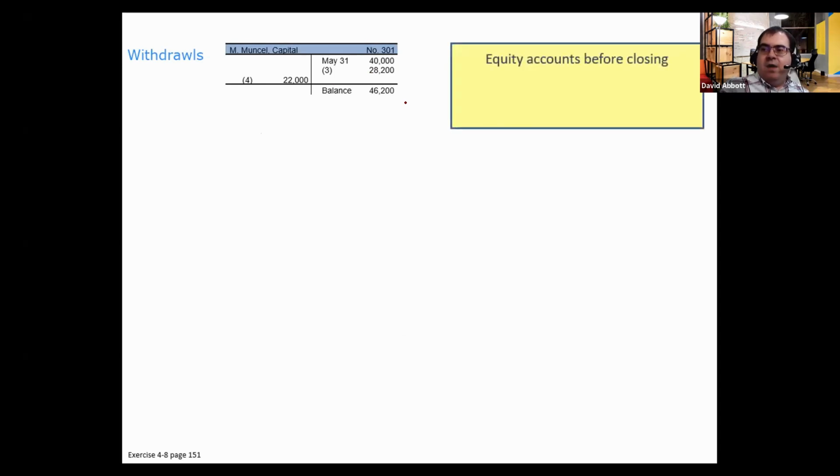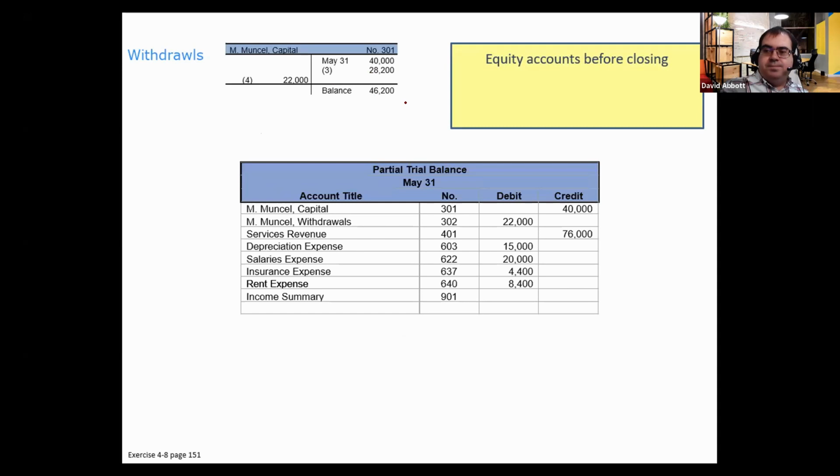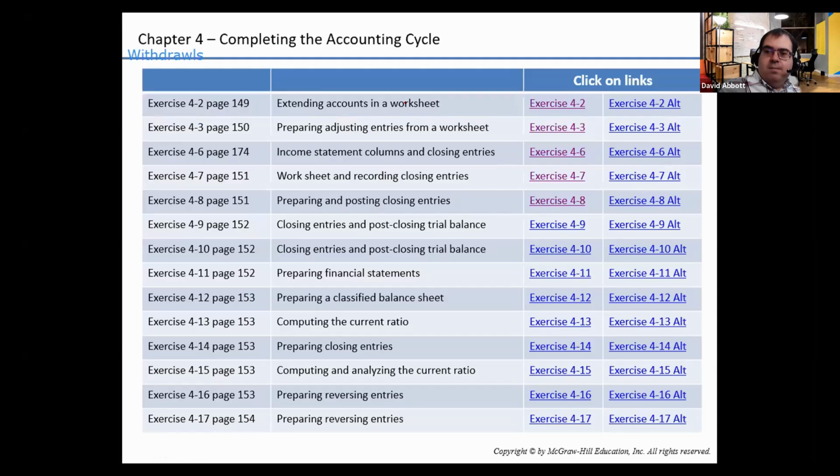So equity accounts before closing: we have debits of 69,800, credits of 116,000. So net credit of 46,200.